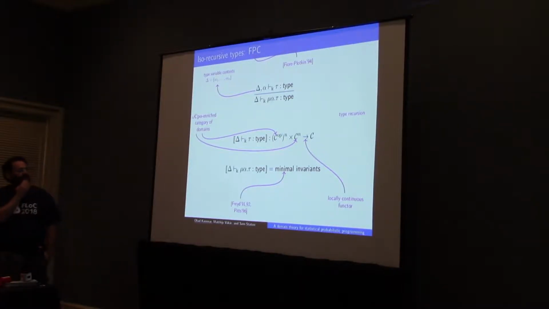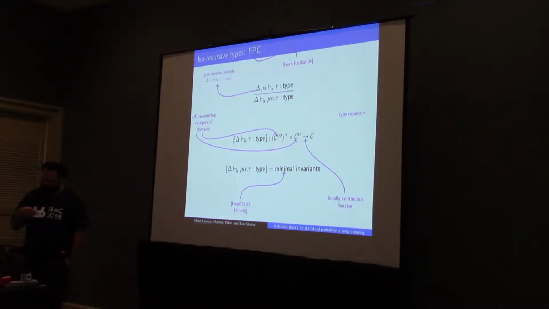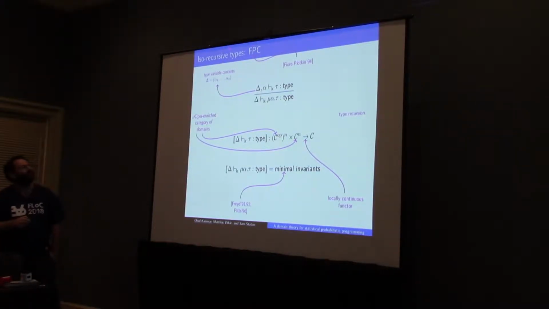Okay. And now, if we look at the kind of semantics we usually give to such languages, what do we do? We have our context variables, the type variable context, just a finite list of type variables. Then the semantics of a judgment is going to be a functor that has n slots, one for each type variable.